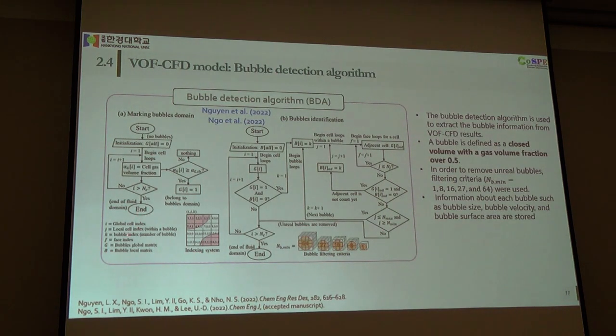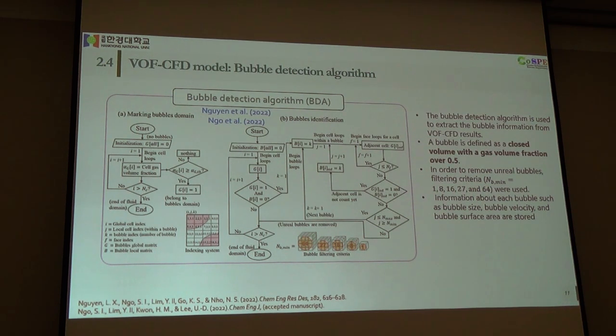And this is the bubble detection algorithm. This work was published in our papers recently, and also in a just accepted manuscript. Actually, the key idea of the bubble detection algorithm is like this. We define a bubble as a closed volume with gas volume fraction over 0.5. So we scan the whole CFD domain, mark which cells have a volume fraction over 0.5, and then sum them up.